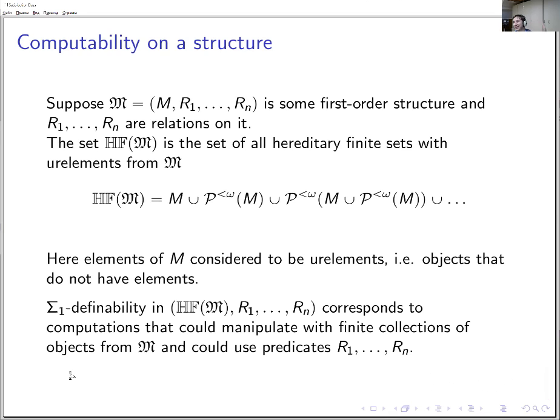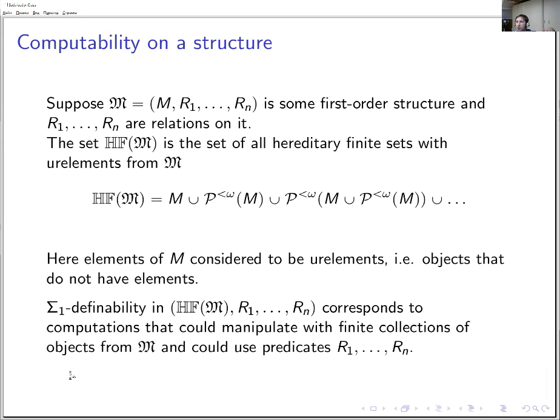It's a bit different setting of set theory, where we have two distinct kinds of objects: sets and urelements. Urelements could be elements of sets, but they are not sets themselves. They don't have any elements themselves, but they could be elements of other sets.